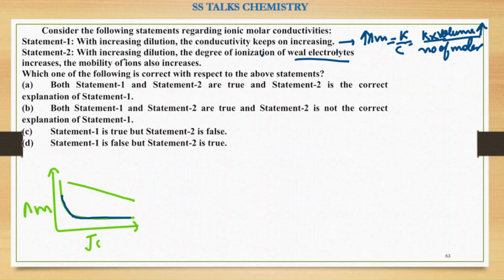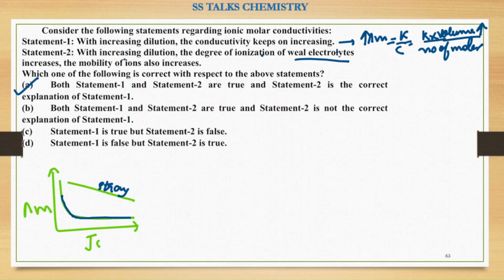The reason for that is the dissociation of the weak electrolyte increases. For the strong electrolyte case, the reason was the ionic interactions. With dilution, the ionic interactions decrease, due to which the conductance increases. But for weak electrolytes, it is their ionization which is increasing. So both these statements are correct, and 2 is the correct explanation for the first one. So option A will be correct in this case.